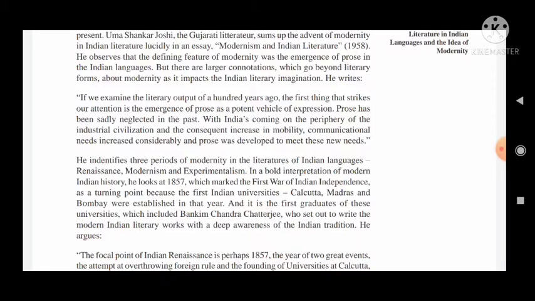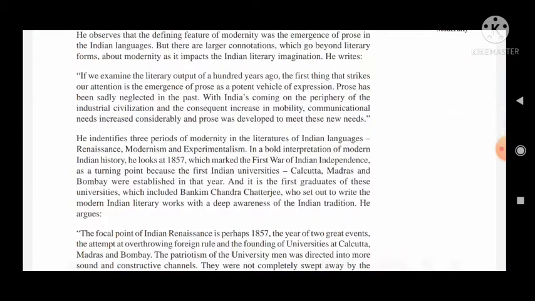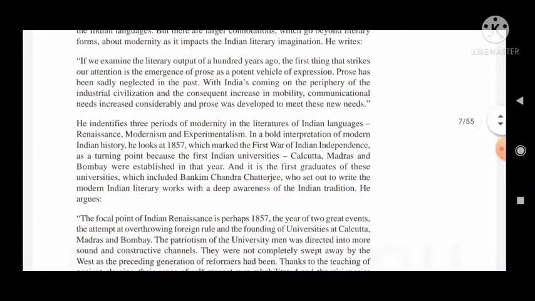The first thing was the prose. In the literary output of 100 years ago, we can find the emergence of prose as a potent vehicle of expression. Prose has been sadly neglected in the past.